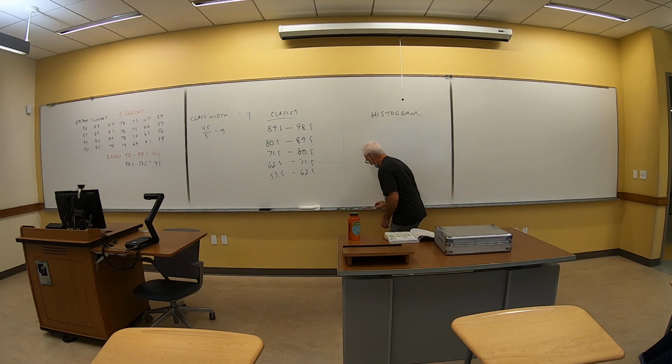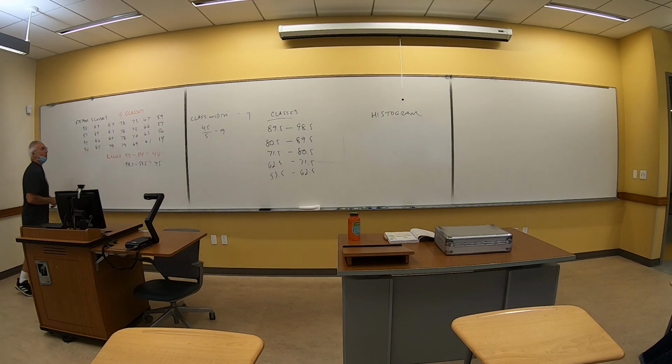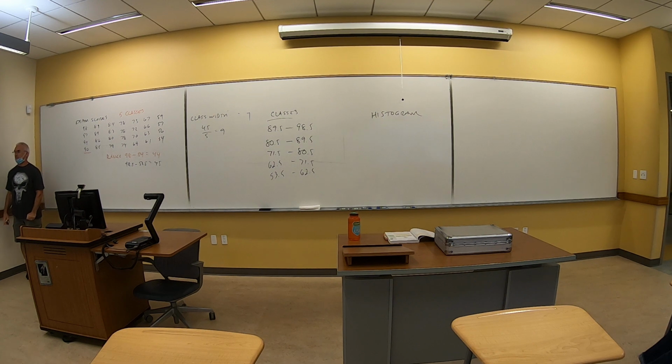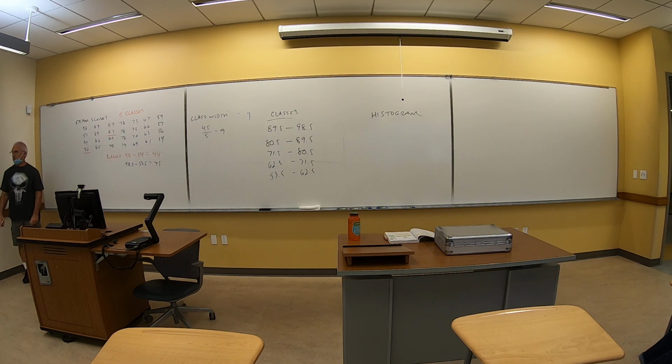So now, here's what I like to do. I'm going to go over to my thing here. Where are my cutoffs? 89.5 is halfway between here, so that's it. That's one of my classes right there. All right. 80.5. Do you agree that would be the cutoff? 80 is below 80.5. 83 is above 80.5.